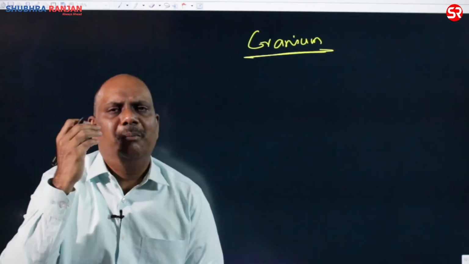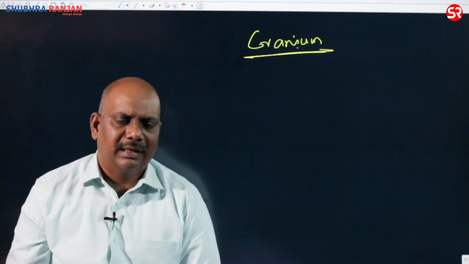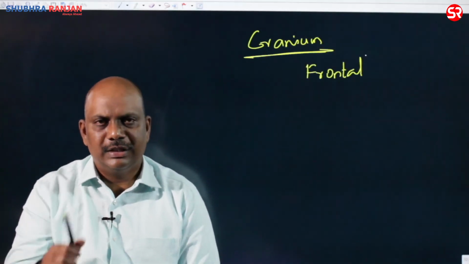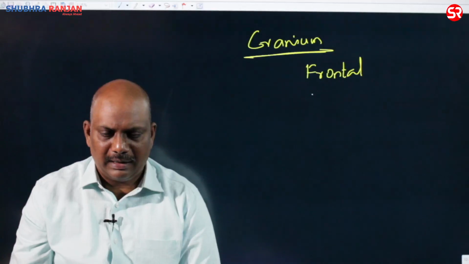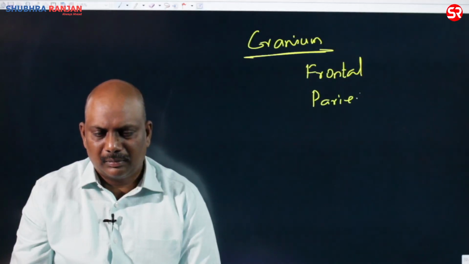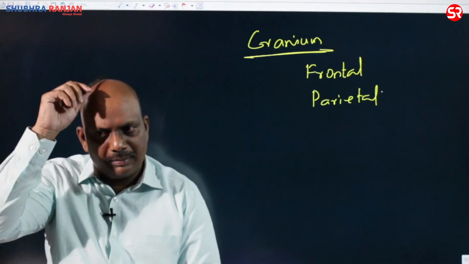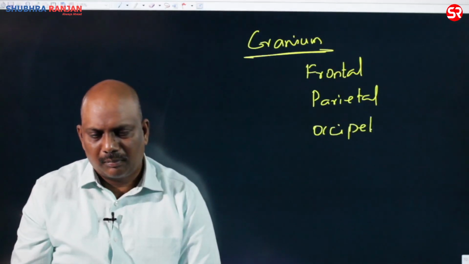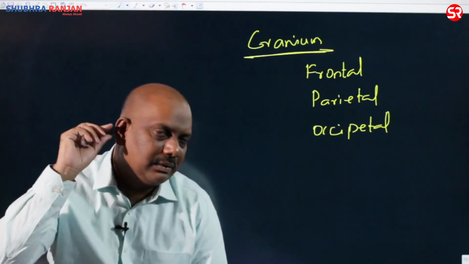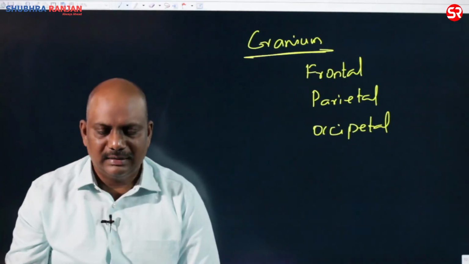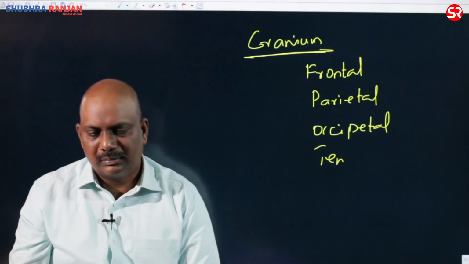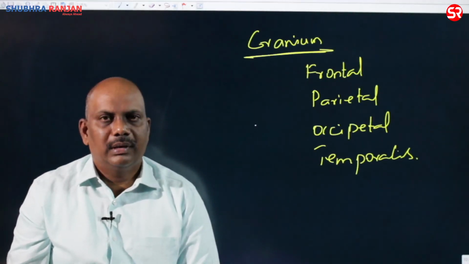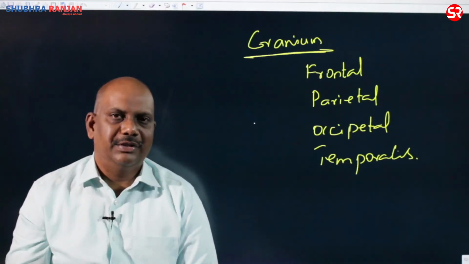I told you a few very important regions of the cranium: frontal region in the front, parietal on the top, occipital at the back and temporal on the side.